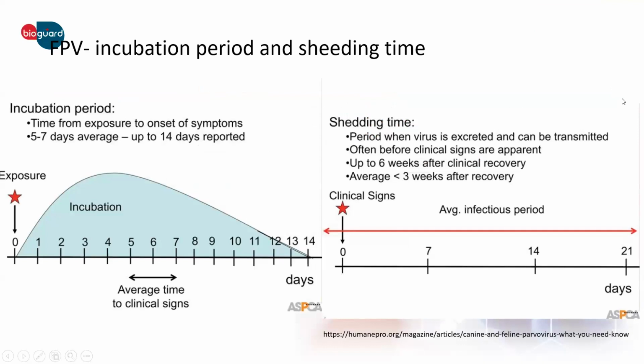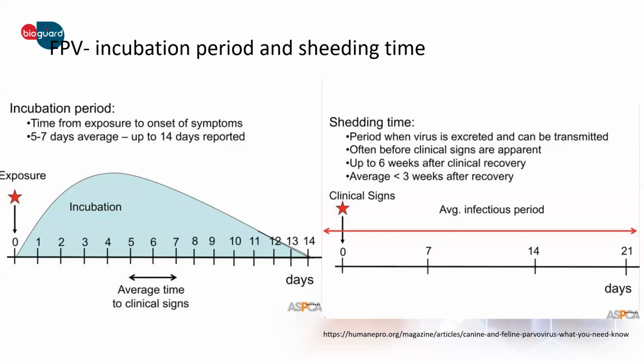And the shedding time, because different studies may have different suggestions, is often before the clinical signs are apparent, and some cats may shed the virus up to 6 weeks even after clinical recovery.